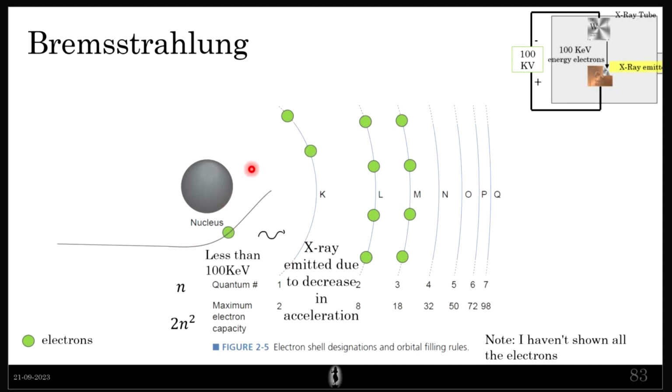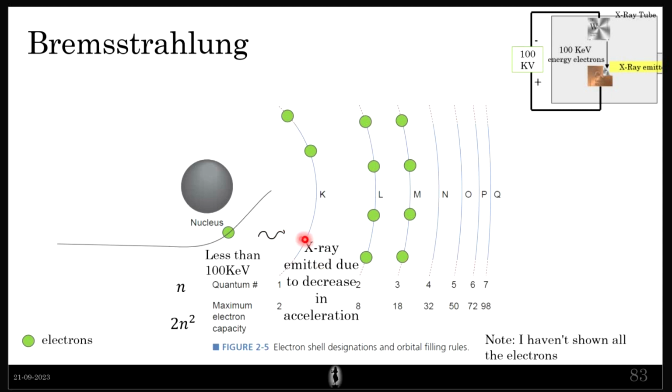And because of this there is a decrease in acceleration. Because of the decrease in acceleration, the energy of that particular electron decreases, and the difference in the energy is emitted as an X-ray.